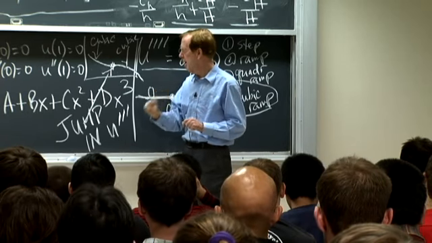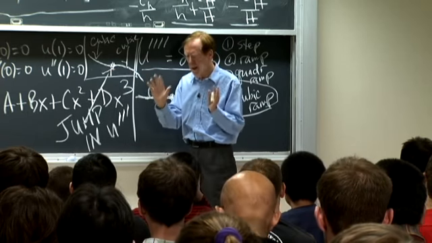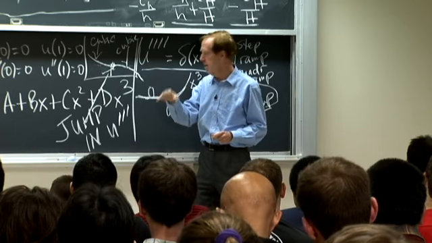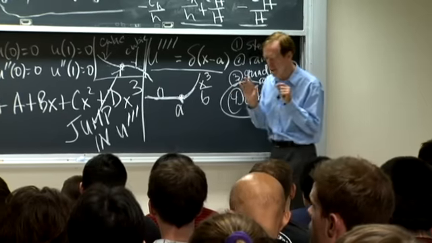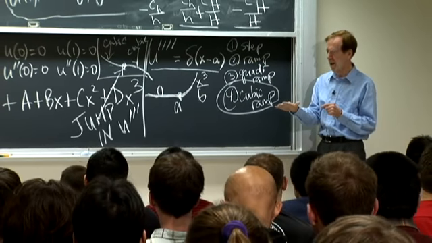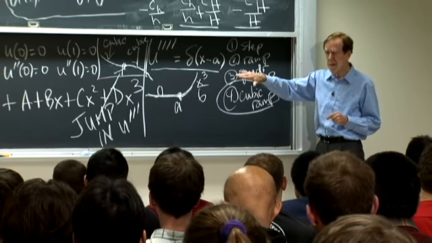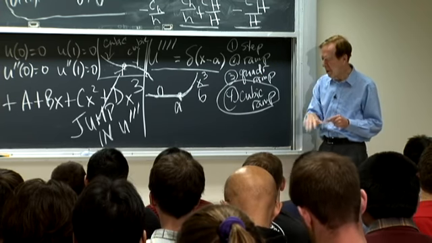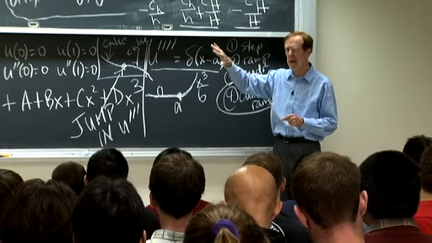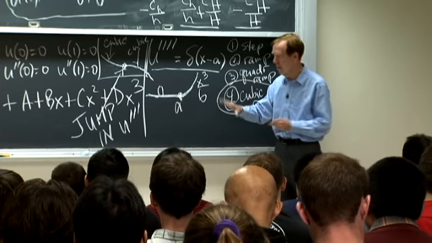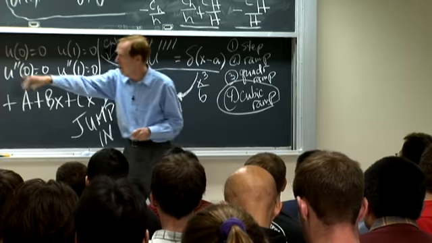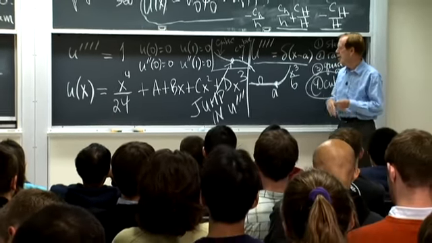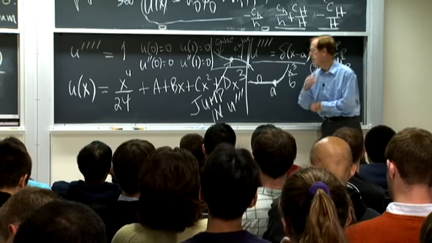It's a discontinuity somehow. We don't have the same polynomial from here to here, but that discontinuity in U triple prime is pretty darn smooth still. The slope is continuous, so your eye doesn't see a ramp. And even more, the curving is continuous. The curvature is continuous. It's just a jump in the third derivative.